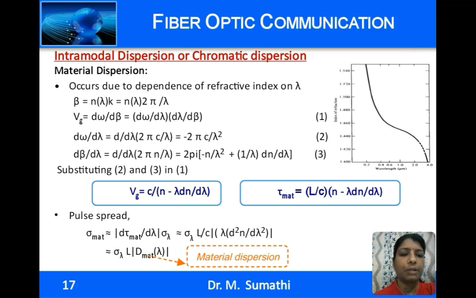And from this the pulse spread can be determined to be sigma lambda L into D material of lambda, that is the material dispersion. As can be seen in the graph, the refractive index for silica varies with the wavelength and it decreases for longer wavelengths.